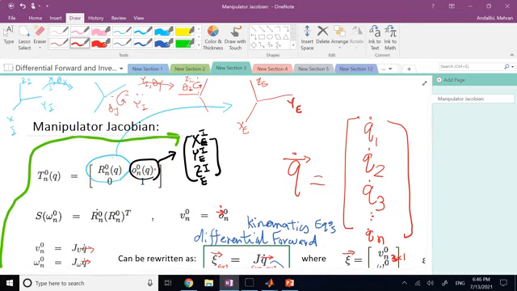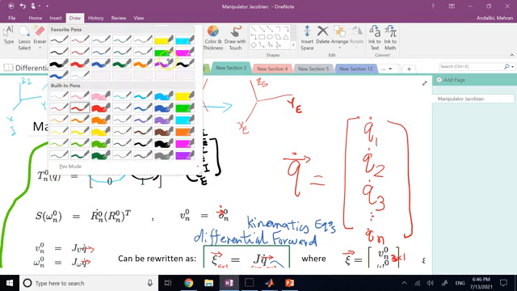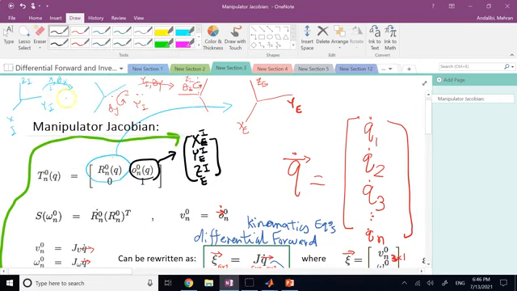So that's the problem we have. The orientation of the end effector in base is rarely determined or defined by its absolute angles. That's the problem.